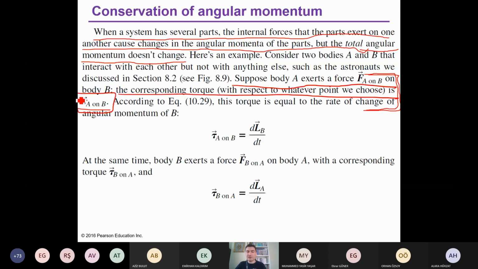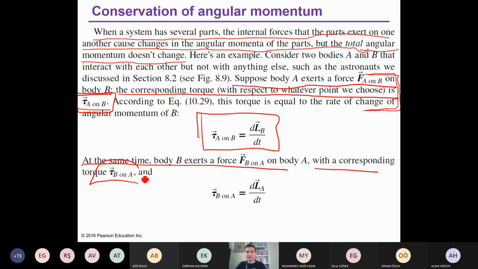This produces a change in the angular momentum of the B body, and at the same time, the body B exerts a force on A with a corresponding torque of B on A, okay? Then this torque can be written like this, and it can produce a change in the angular momentum of the A object. Look at this one. And what about the forces here?